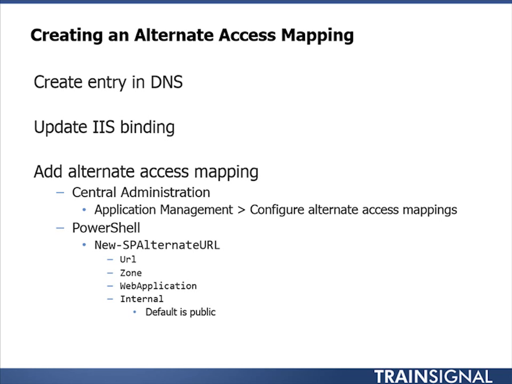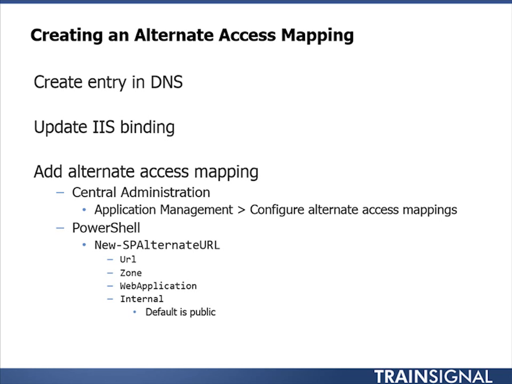And then I need to add in the access mapping by going into Central Administration, Application Management, and then Configure Alternate Access Mappings, or through PowerShell, I call the New-SPAlternateURL cmdlet. And off of there, the parameters that I'm going to have are the URL, the zone, the web application, and whether or not I want it to be internal. And by the way, the default is public.